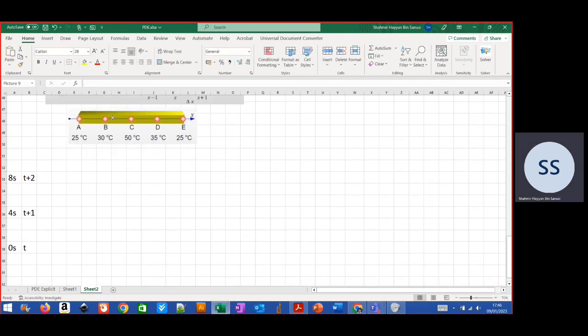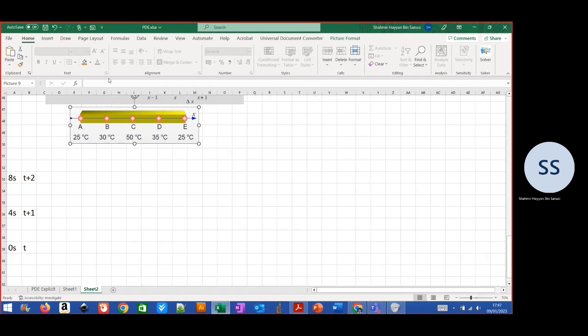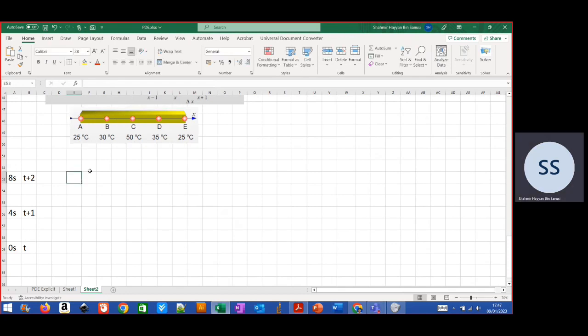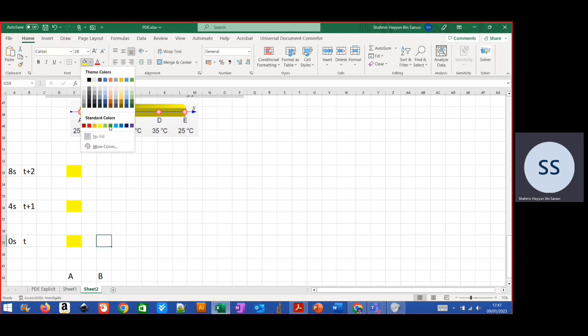What we want is to predict the temperature at points A, B, C, D, and E. Let's imagine this is point A. Maybe I use yellow color. So this is point A. This is point B. I'll use green color.